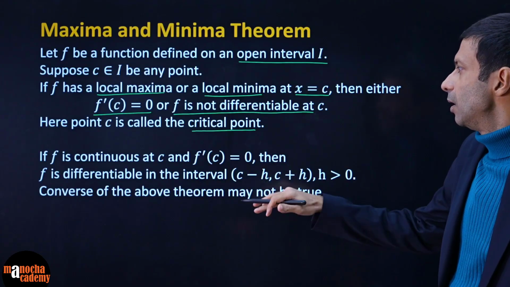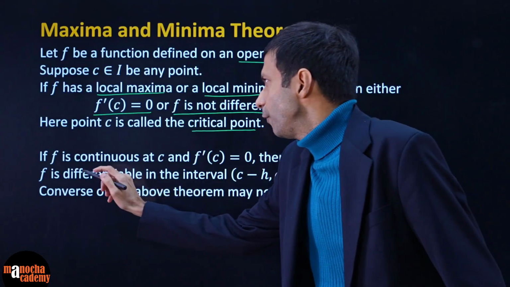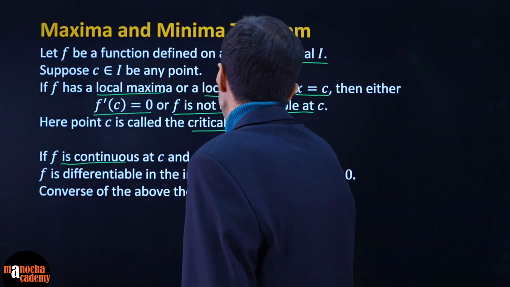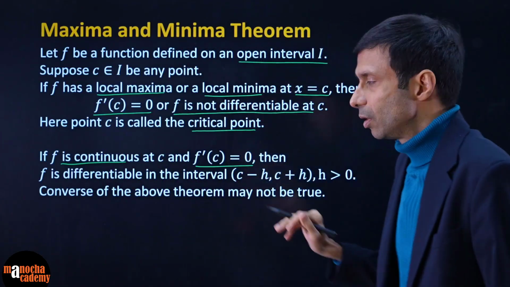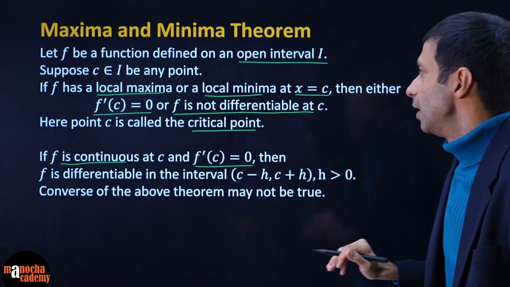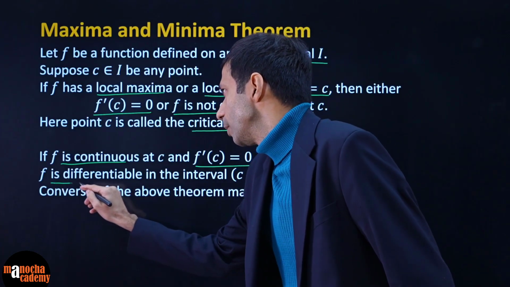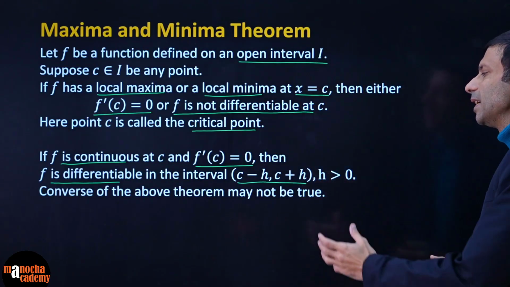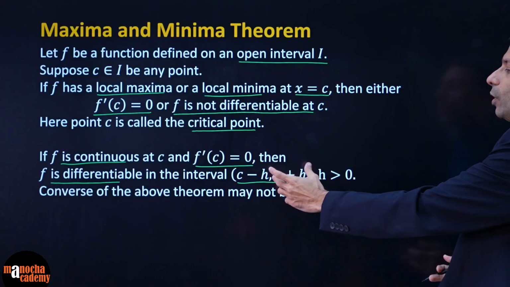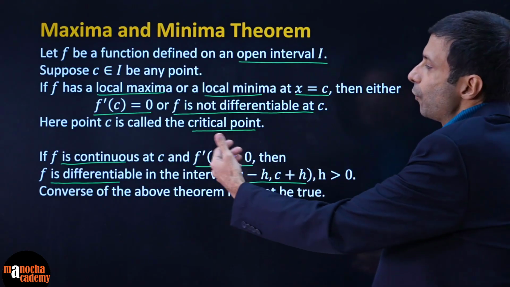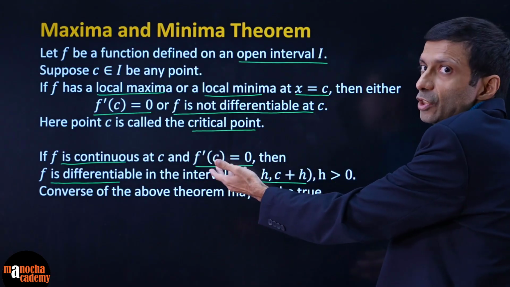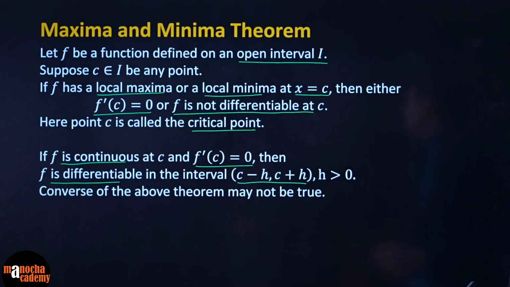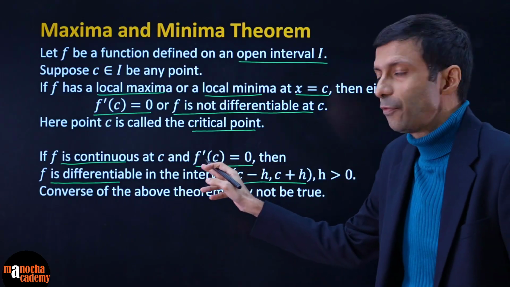So if your function is continuous, and if f dash C is equal to 0, then the function is differentiable in that interval. These theorems are given in the book, but basically they are saying that if you're taking this open interval and your function is continuous and f dash C is 0, then obviously it is differentiable, because you can find the slope is 0, which means you can differentiate it over here.